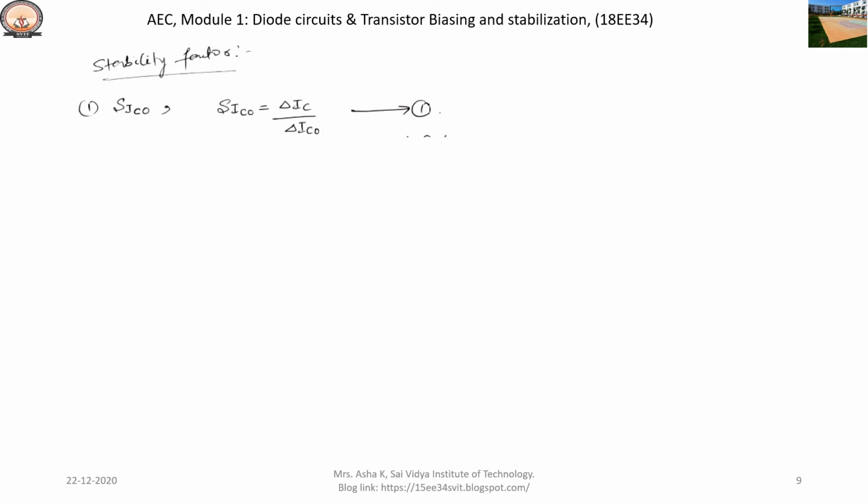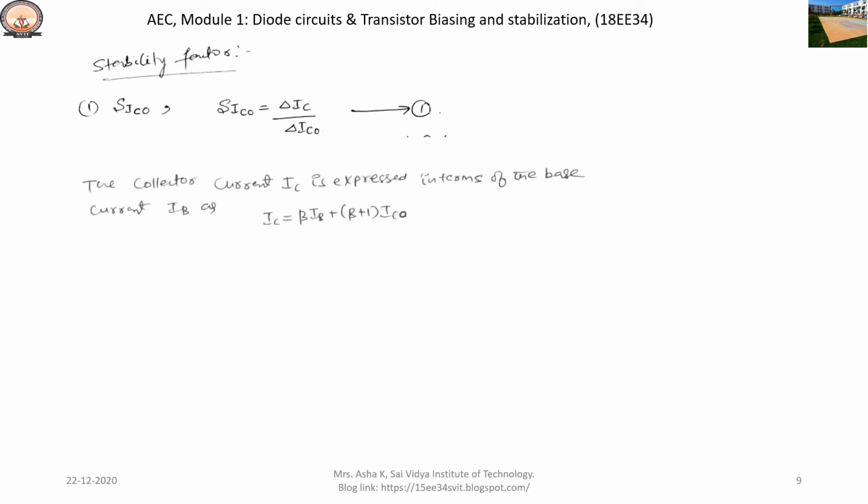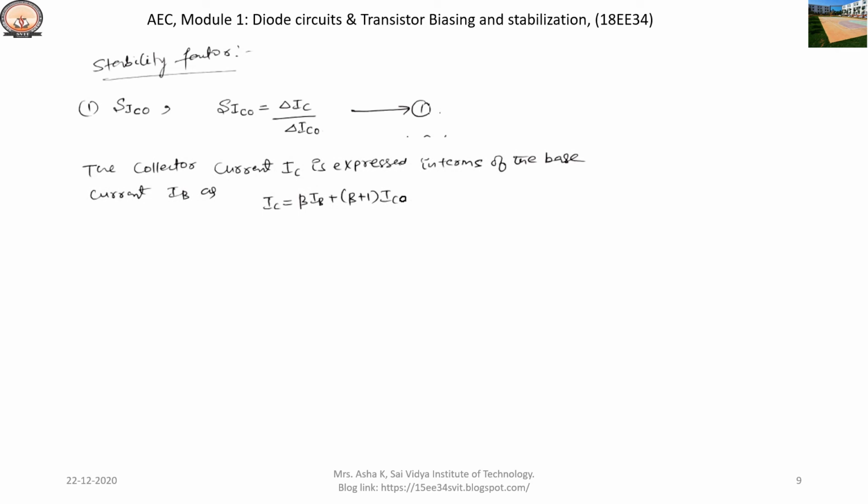SICO is the rate of change of collector current with respect to the leakage current. The collector current IC is expressed in terms of the base current IB for common emitter configuration as in this particular equation.